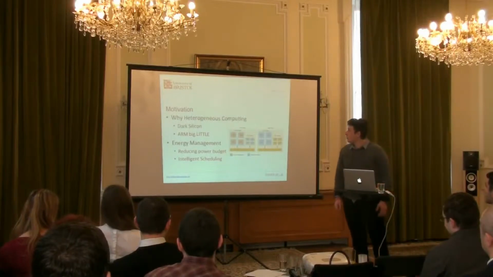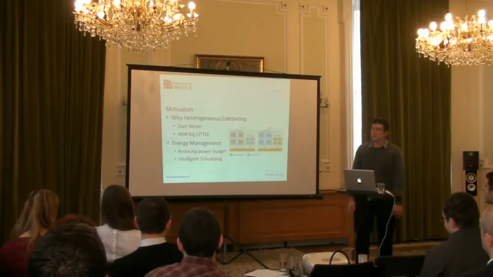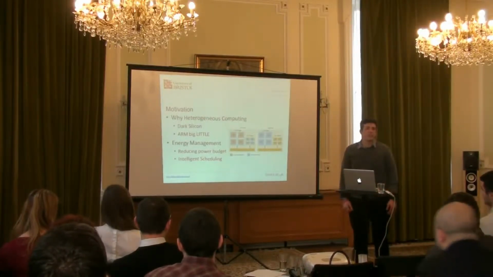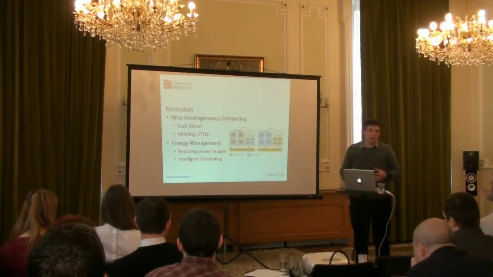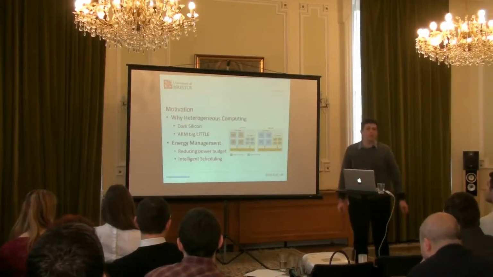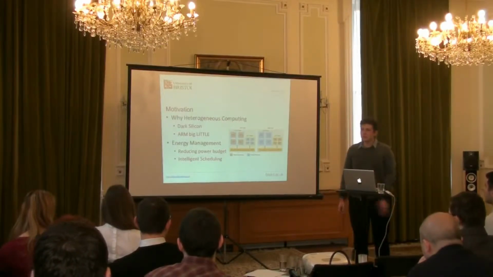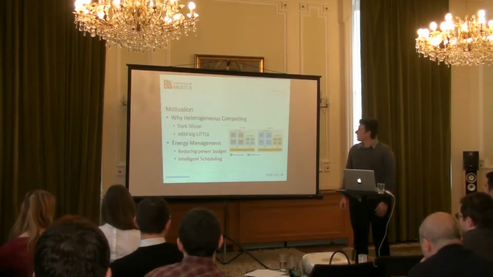So first, let's start off with what is heterogeneous computing. It's basically the idea of using more than one processing unit to do a type of computing. A very common example is a PC, which has a graphics processing unit, so that whole system with the main CPU and the GPU is also heterogeneous computing.